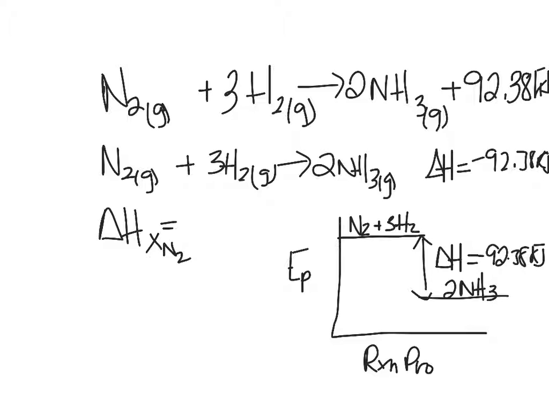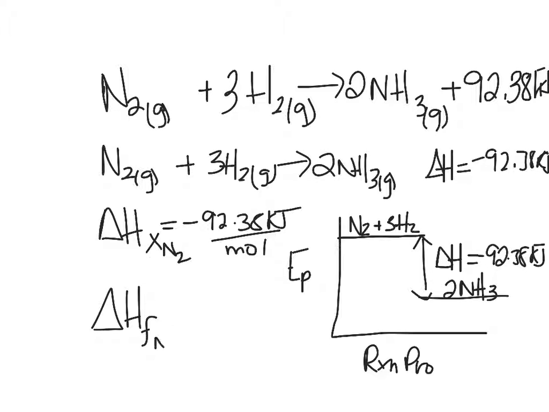Evan? Negative 92.38 kilojoules per mole. What would it be if you did it for ammonia? If we did it for the formation of ammonia? Edmund? 46.16 kilojoules per mole. Do you understand why these two numbers are different? No. Awesome.